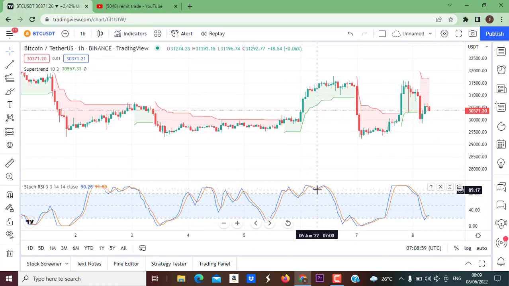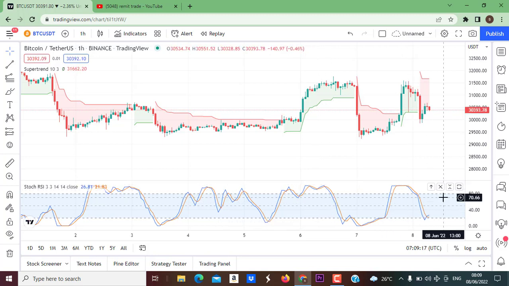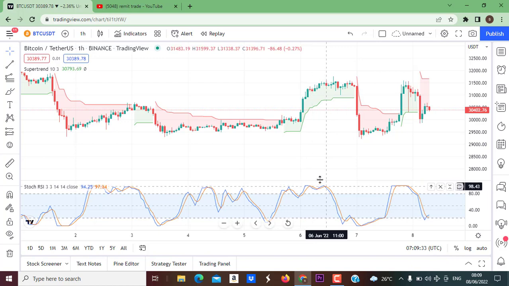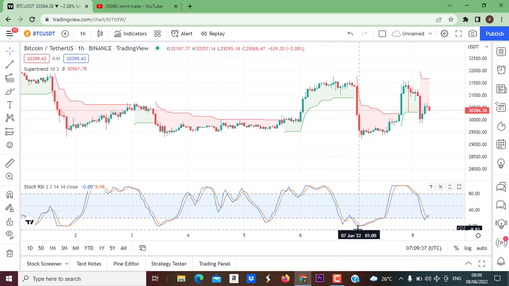The Stochastic RSI works in this way: from the 80% line above is the overbought condition, while from 20% downward is the oversold condition. So anytime the market enters into overbought condition, we are expecting the market to come back down. And when the market enters into oversold condition, we are expecting the market to go back up.